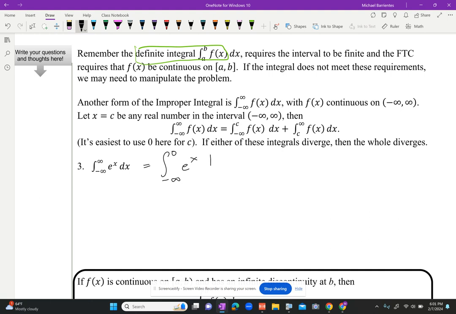So I'm going to break this integral up: we're going to go from negative infinity to 0 of the function, and then add the integral from 0 to positive infinity, because if I have this function that's continuous, then this should be a nice break apart, right? So negative infinity to 0, and then from 0 to infinity means I'm going from negative infinity to positive infinity.